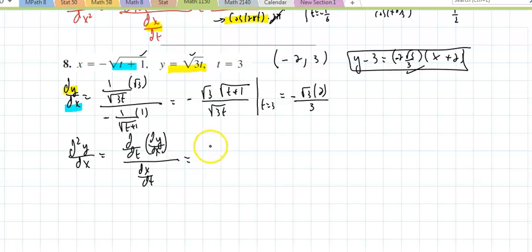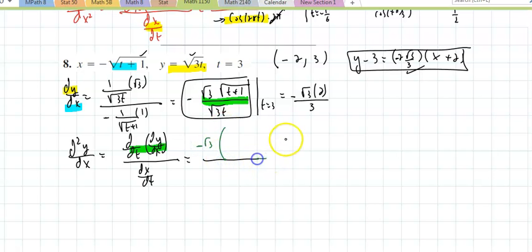So that will be a derivative of this. Well, if I take the derivative of that, I'll leave the negative radical 3 out of it. And that's going to be, I could do this two ways. I could treat that as one radical, right? Or I could just use the quotient rule.